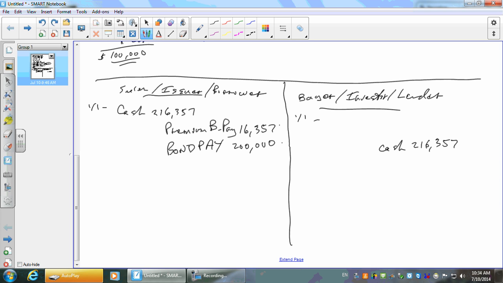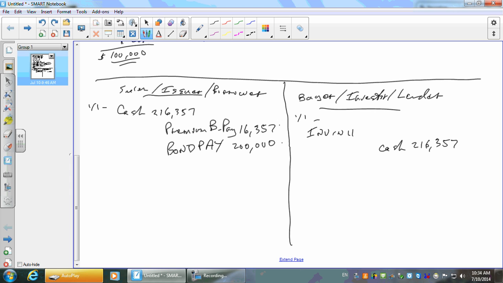Okay, what would we do on the other side? By convention, we don't set up a separate premium account. We just leave the premium in the same account where the whole investment is. What do we call that? When we invest in a bond, we call it investment in bonds, and it'll be investment in held to maturity bonds.